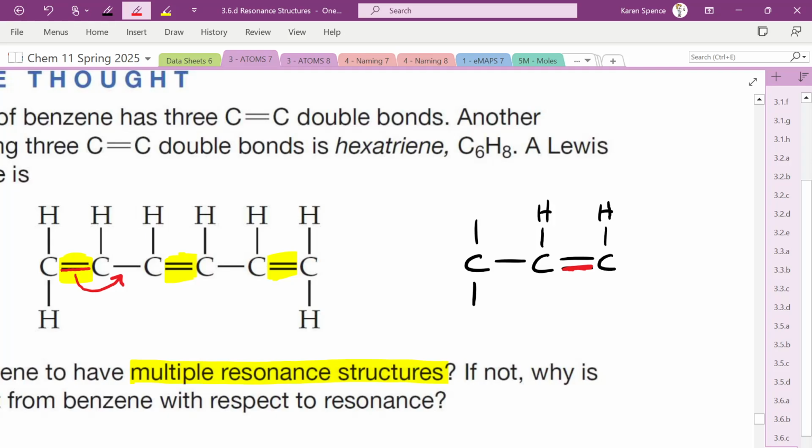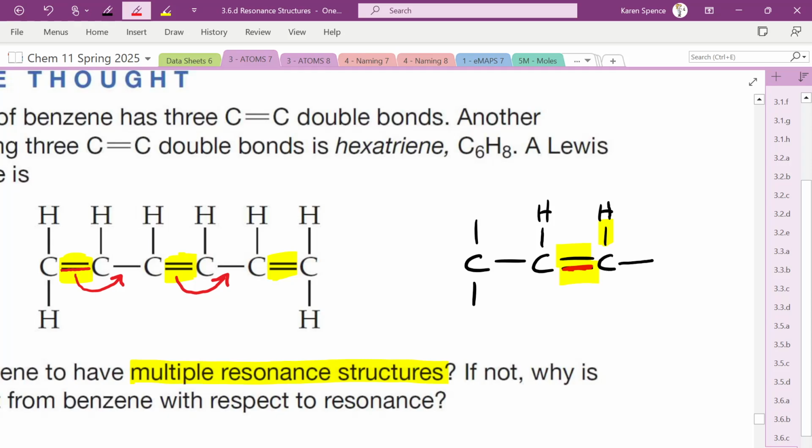Now, if that's the case, we already have 2, 4, 6 electrons for that one carbon. So this carbon here can only have 1 bond on the right. Yes? So what that means is that this bond has to move over to the next one.